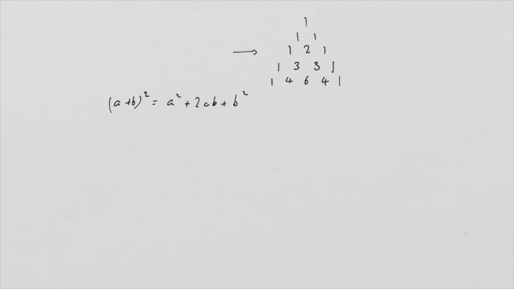So that's that line. Now, if we want to work out what (a plus b) cubed is, then we can do (a plus b) times (a plus b) squared, which will give us (a plus b) cubed.